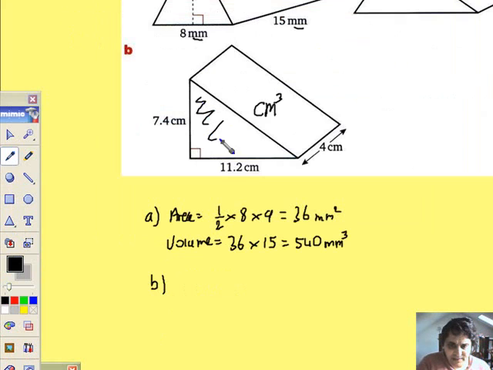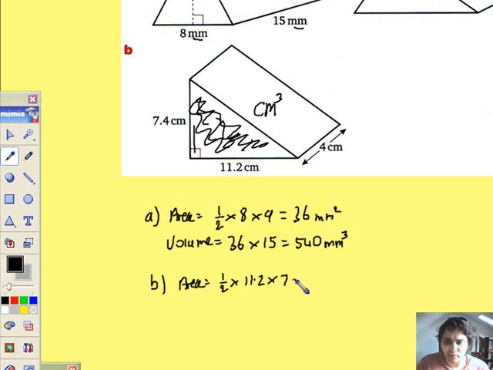Right, we've got the front face of that triangular prism there. The area is going to be half times the base of 11.2 times the height of 7.4. Grab the machine, so 11.2 times 7.4, then divide by 2. That's why I like to do it.